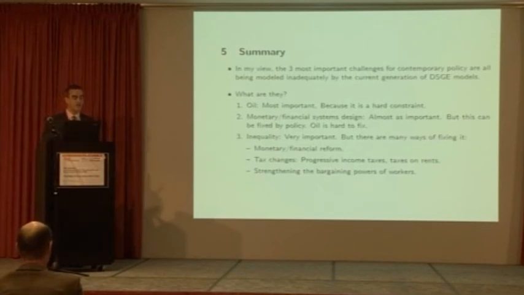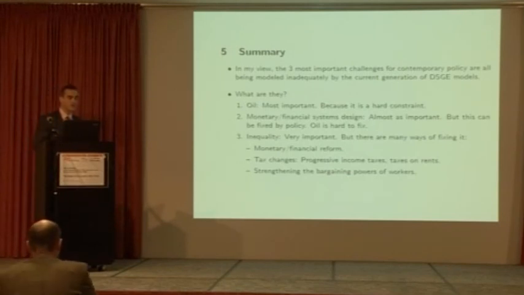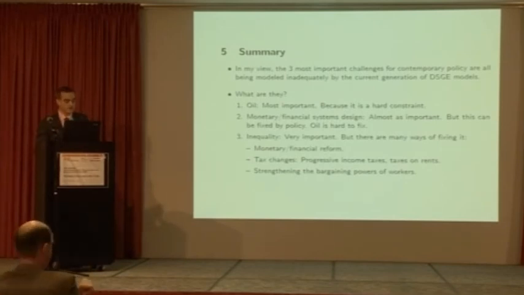Okay, and so what we have done, we have used DSGE technology to show that you can actually, within that framework, solve this. Oil, in my view, is the most important of these problems because it's a hard constraint. If I'm right with my concerns about geology, this is a hard constraint. You can do as much policy as you want, eventually you're going to hit that hard constraint. You can ameliorate it, but policy cannot completely remove this constraint.